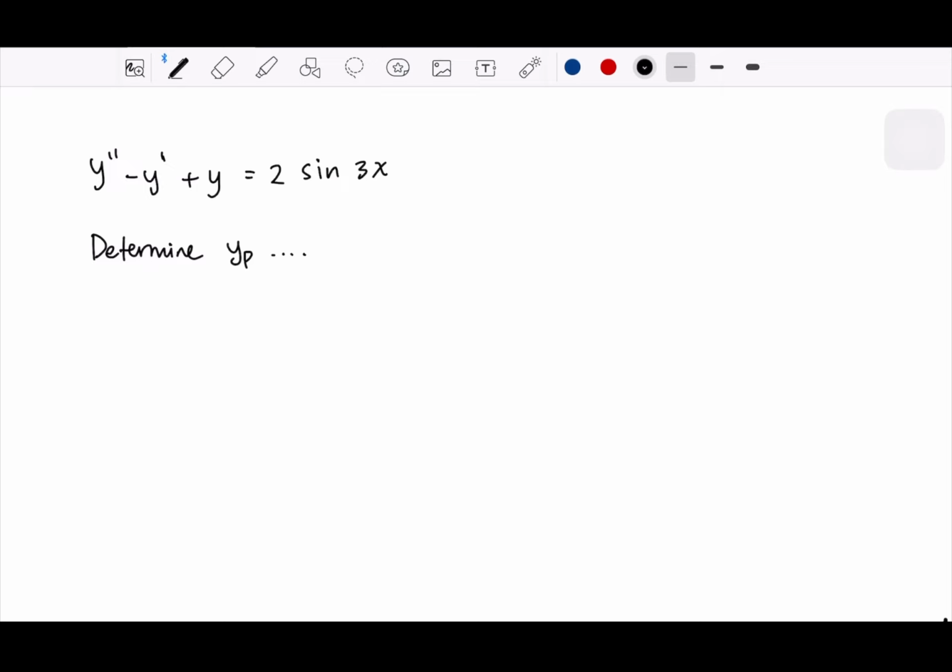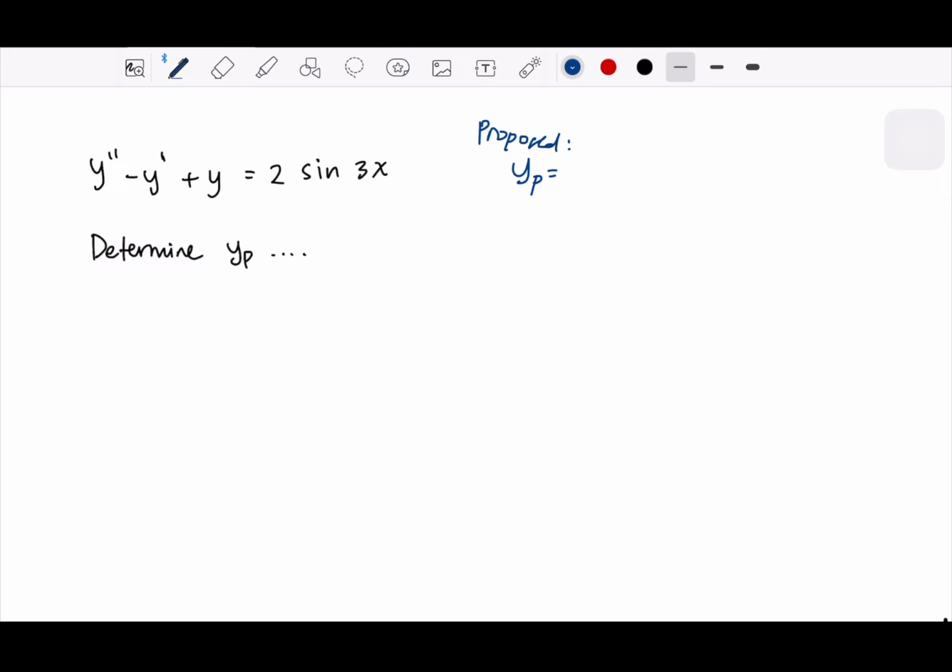So yp, if we have the sine, we need to guess, right? We need to guess what kind of yp we might have. So propose yp. Perhaps the very first choice that instantly we can think of is, okay, maybe sine, right?